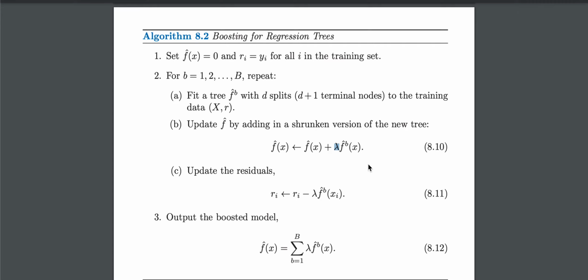This is what we call a learning rate. And it's typically a small number, 0.01 or 0.001 or 0.0001. So the smaller the lambda, the slower the learning.